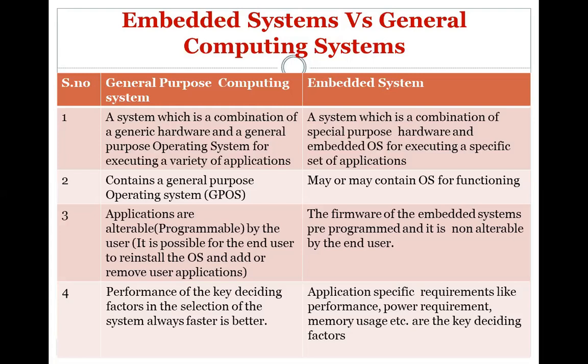Whereas an embedded system is a combination of special purpose hardware and embedded OS for executing a specific set of applications. Again, one more difference: a general purpose system contains a general purpose operating system. In the case of an embedded system, it contains an embedded OS only. Embedded OSs are specifically designed for embedded systems.